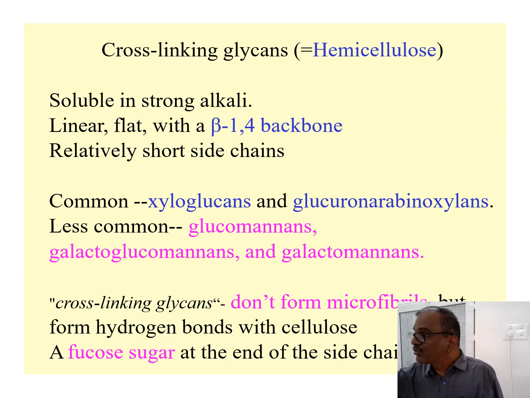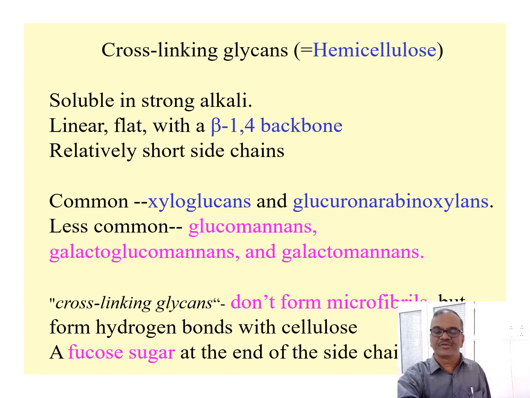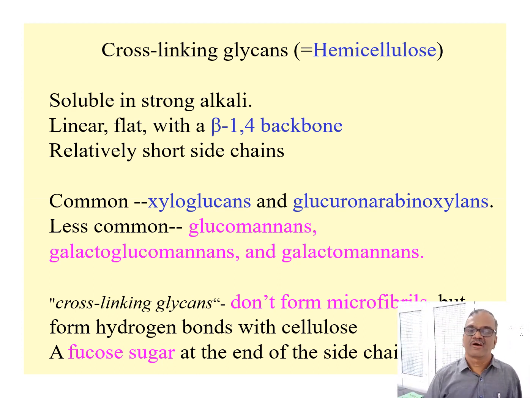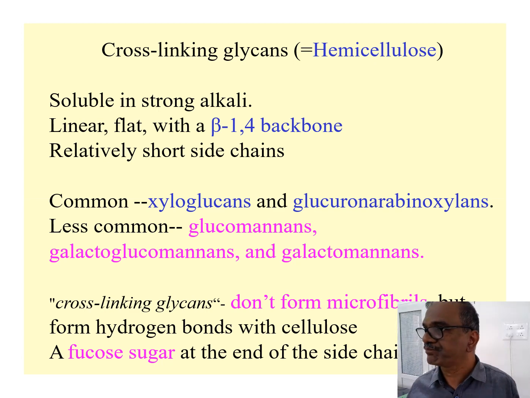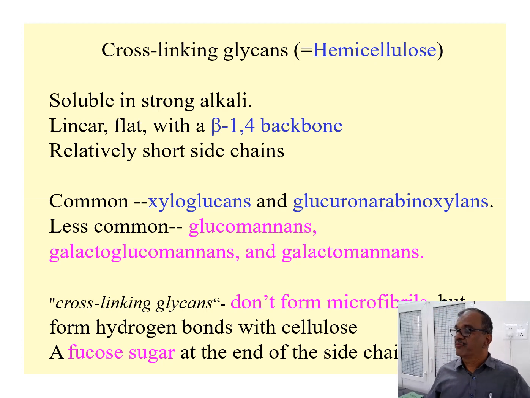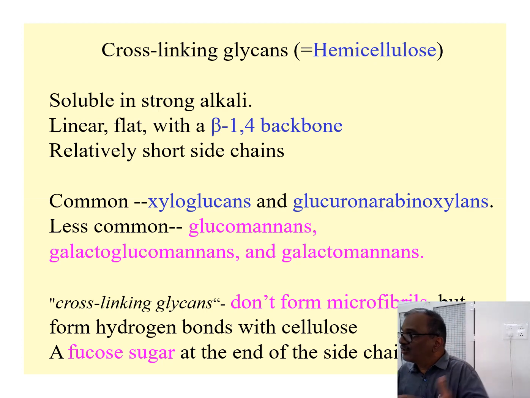Not with glucose alone, you should know one another hexosyl attached with the glucose or galactose, and then they form the cross-linking glycans in the case of hemicelluloses. Okay, they don't form microfibrils. So what will happen? Microfibrils are formed and they are united, so it gives very good strength in the case of primary cellulose.